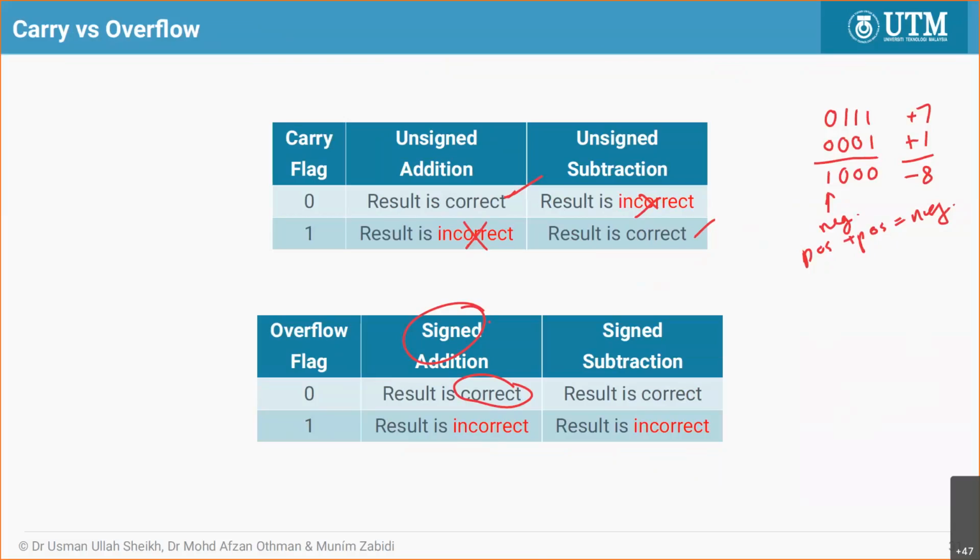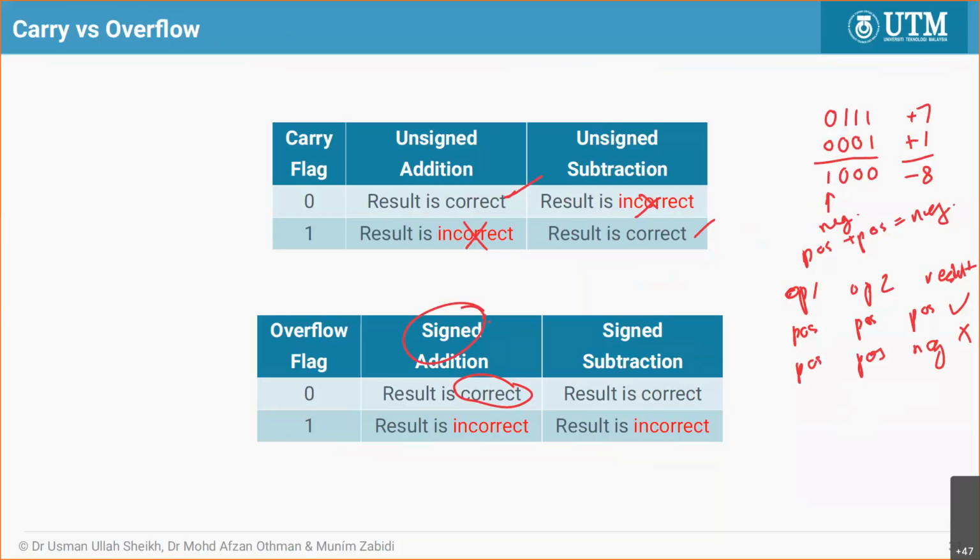For signed addition, let's say this is operand 1, operand 2, and this is the result. If it's positive plus positive and the result is positive, that is okay. For example, 6 plus 1 is 7, which is still within the range. But if positive plus positive gives a negative answer, just like I showed you just now, it's no good.